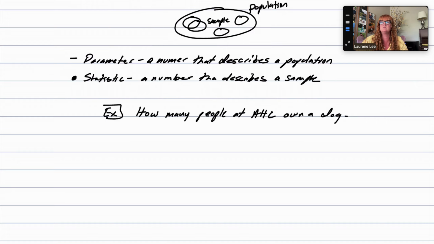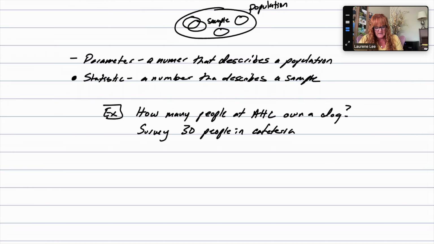So we want to know, like, do 50% of the people own a dog? Do 20% own a dog? So we don't want to ask the whole school. So we go into the cafeteria and we're going to survey 30 people in the cafeteria. And we find that 22% of those people own a dog.